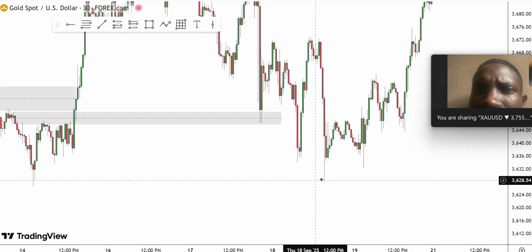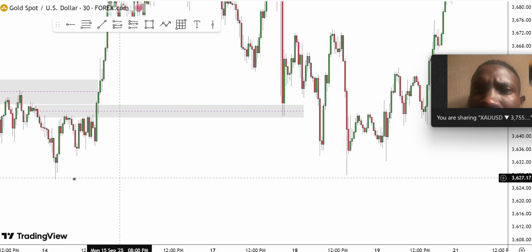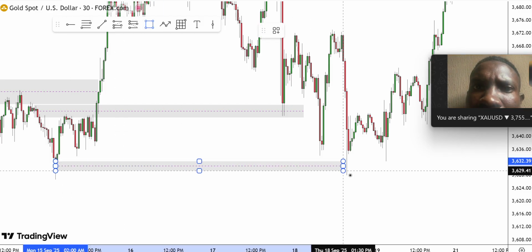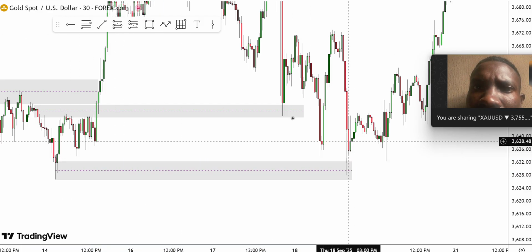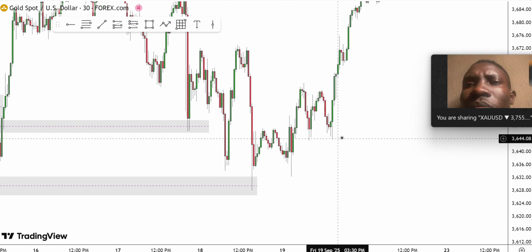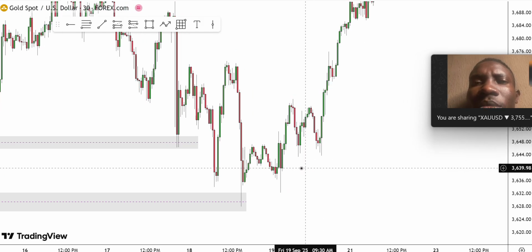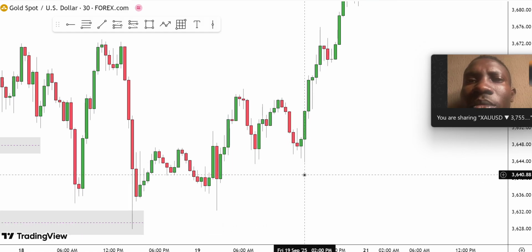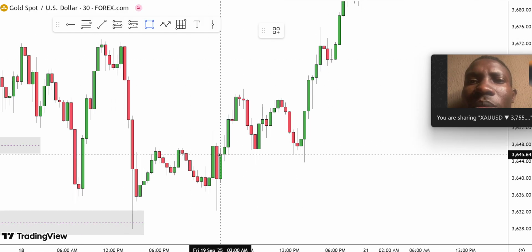Then price had to come into the real area of demand, which was here. And from there, it was able to continue, tap, tap, tap, and all of that. So sometimes breaker block is not advisable, but it can be useful in many situations.